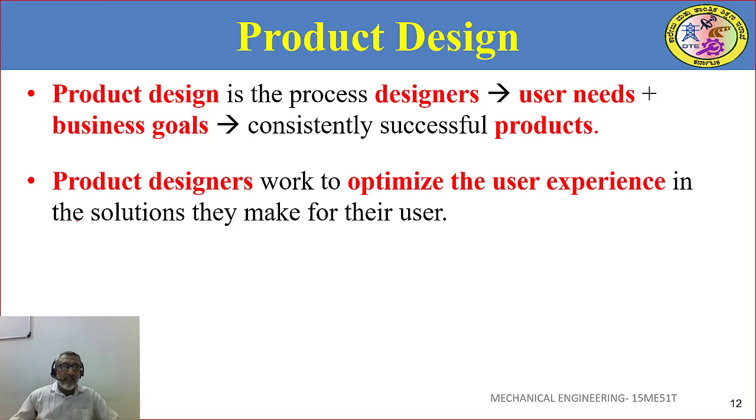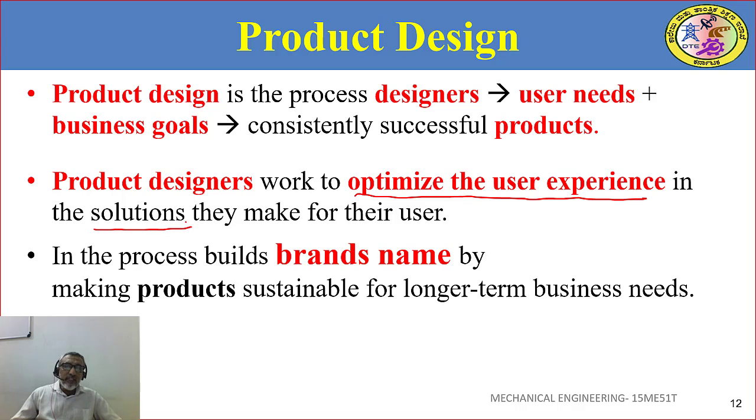The product designers are always concerned with optimizing the experience of the user by offering solutions. That means the product should always be focused on maximizing the user experience by providing the product or the service. So that is what the designers always focus on. And in this process, the company builds a brand name.